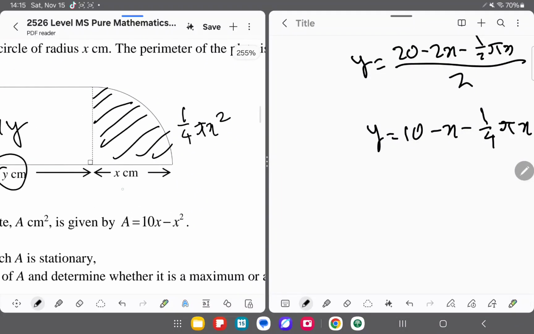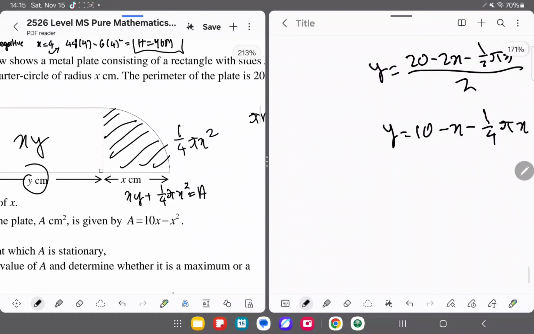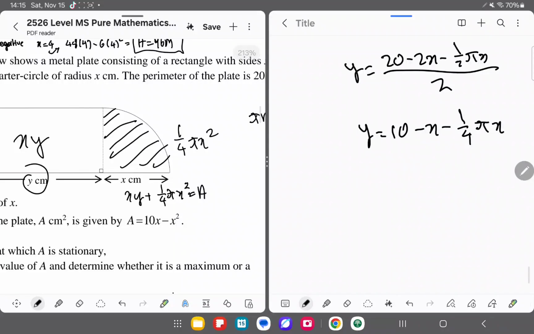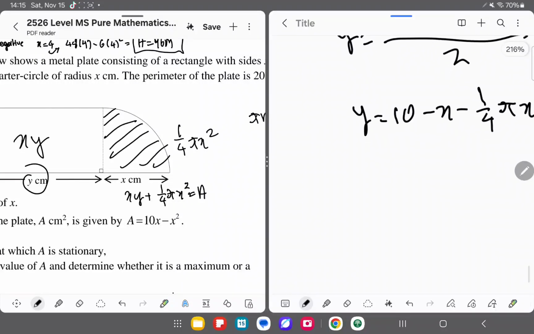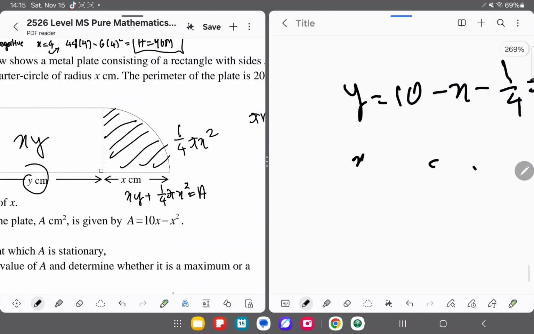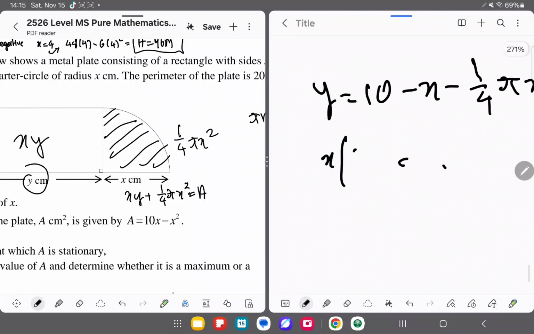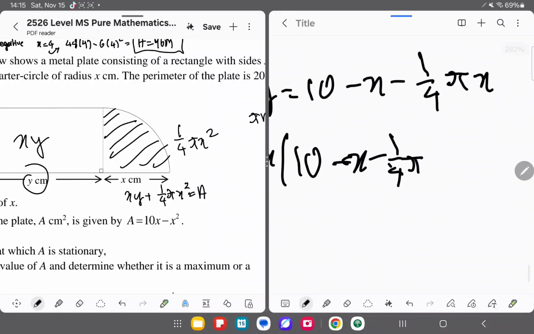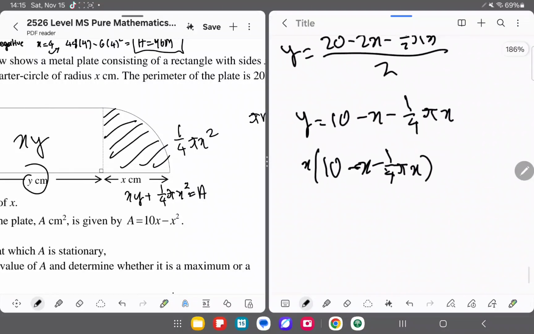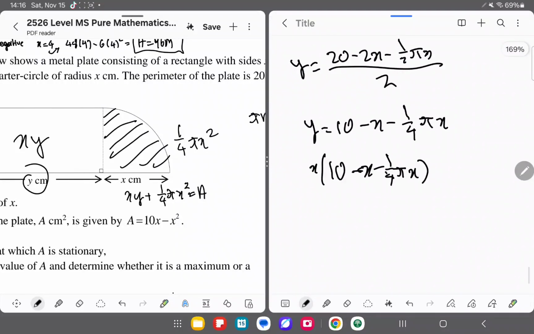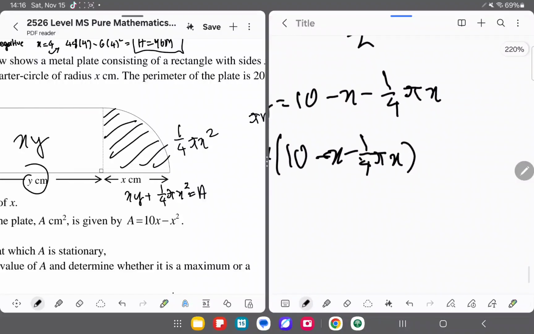So now the total area is the first region plus the second region, and that's going to be equal to A. And now we found that y is equal to 10 minus x minus 1 over 4 pi x. We can substitute it into the y value over here. So x times (10 minus x minus 1 over 4 pi x) plus 1 over 4 pi x squared.